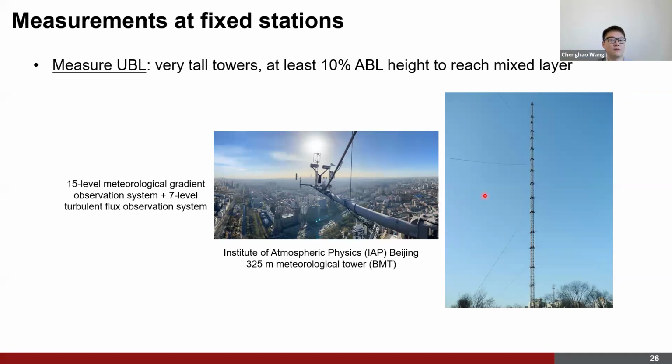This multi-layer flux tower is managed by the Institute of Atmospheric Physics, or IAP, in Beijing, China, which is over 300 meters high, and it has 15-level meteorological measurements and also 7 different turbulent flux observation systems. So this tower can be very, very expensive, but it's also very unique.